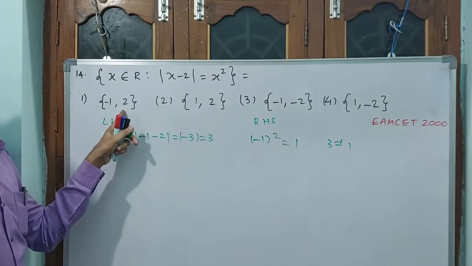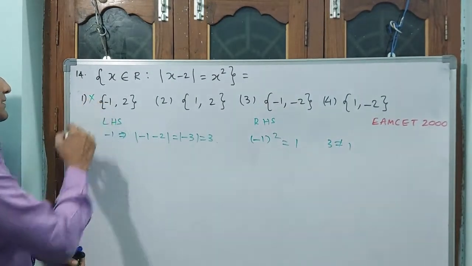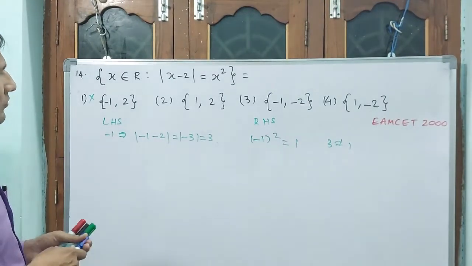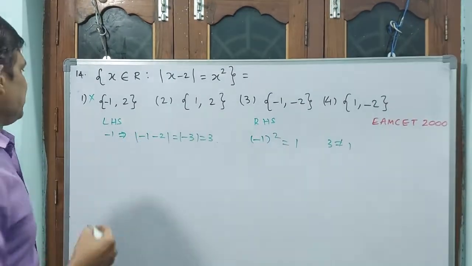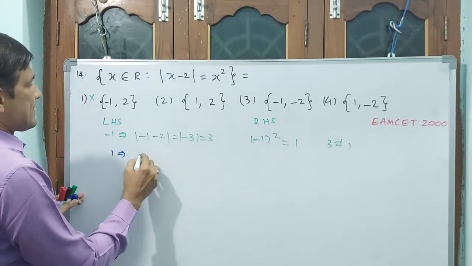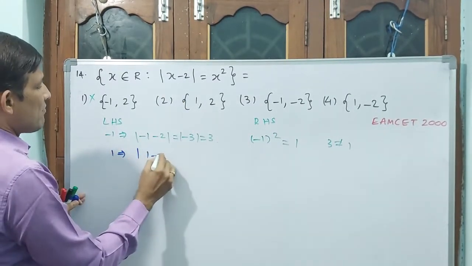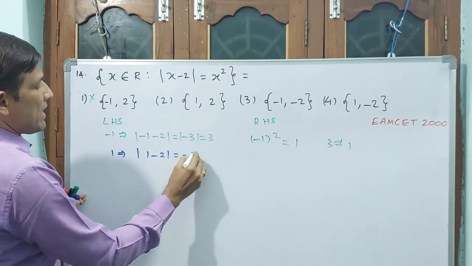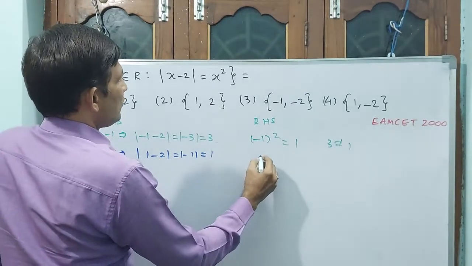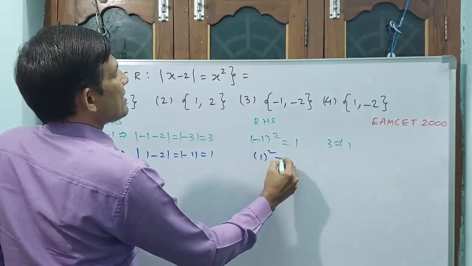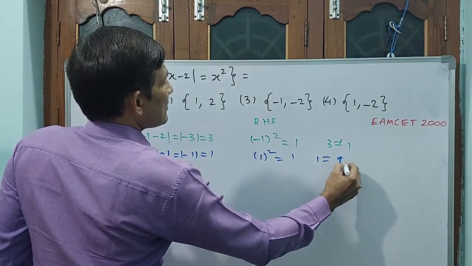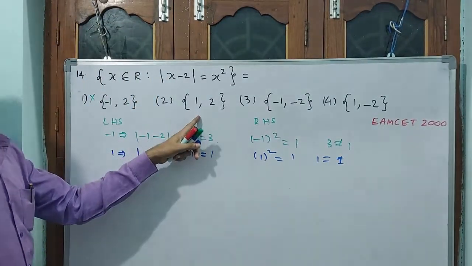You need not see the other one; you cross this. You understand how you are proceeding? Like that you have to see. Then go for the second one. 1 implies modulus of 1 minus 2, that is modulus of minus 1, that is equal to 1. Come here also, RHS 1 square, that is equal to 1. 1 is equal to 1. That means it has satisfied.